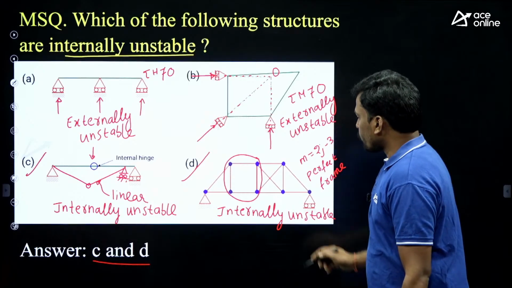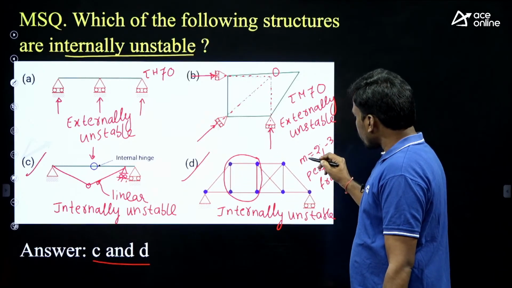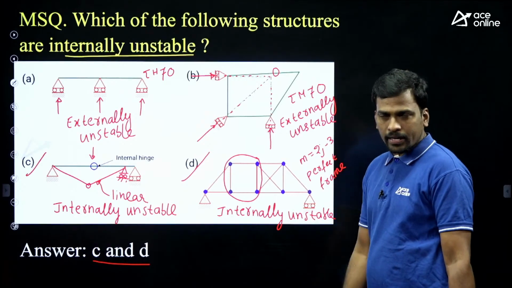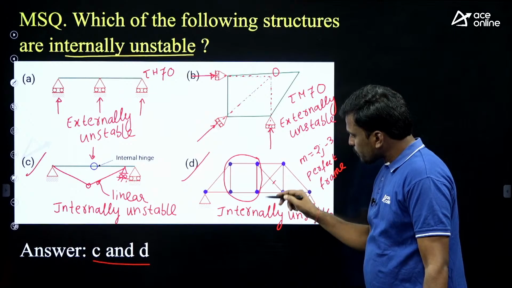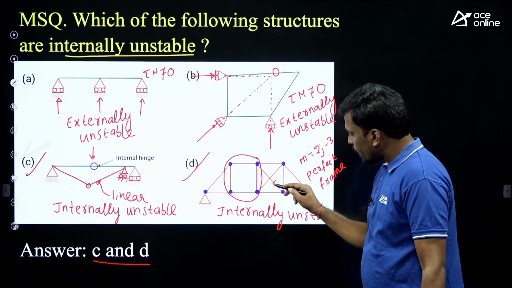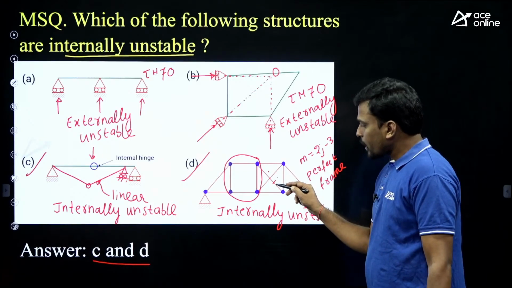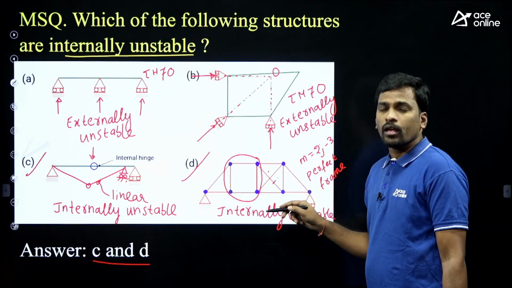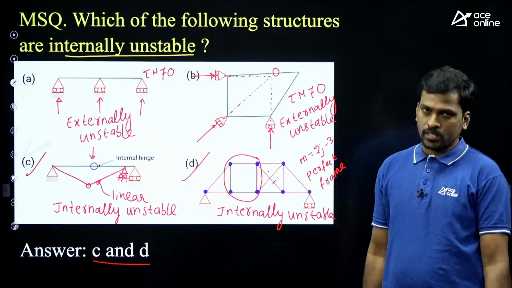The perfect shape of a truss is the triangle. How did we get the formula m equals 2j minus 3? For example, if I remove one member here, then a triangle is not present. This becomes internally unstable because of improper arrangement of members.